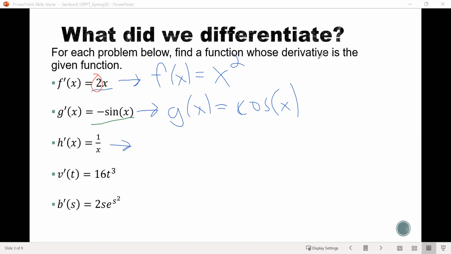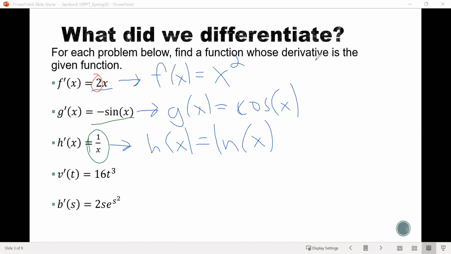Now we have h prime of x equals 1 over x. If you recall, 1 over x is a special derivative of something. We recognize that as the derivative of ln of x. So recall that the derivative of ln of x is 1 over x.